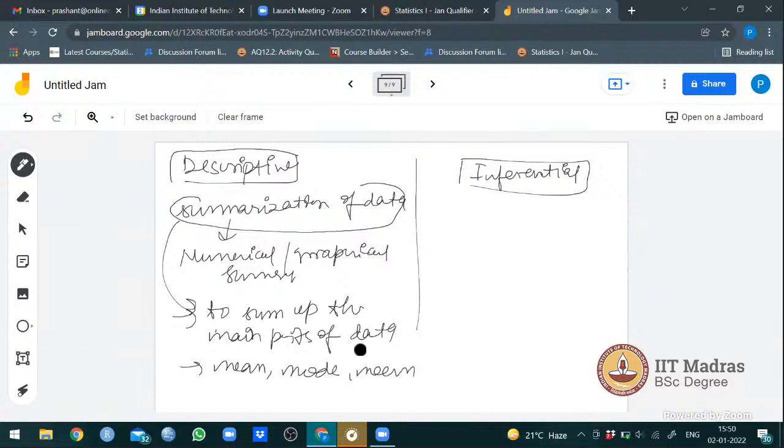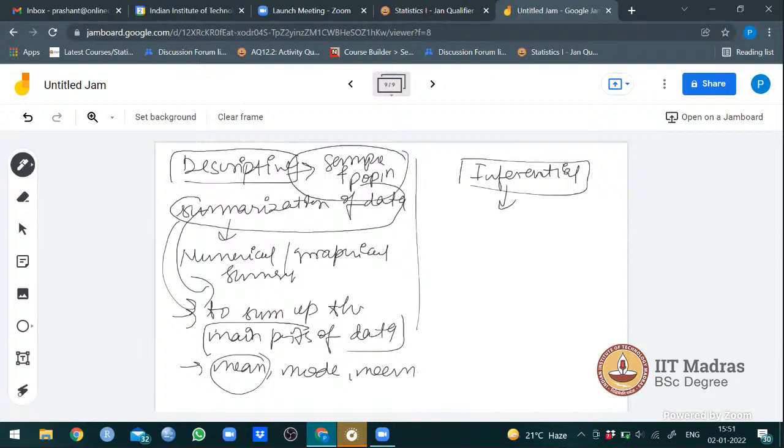Suppose you have data of speeds of bikes, then you can say on average the speed of bikes is 32.5 kilometers per hour. So you are giving some of the main points of the data. That is the meaning of summarization and description. And descriptive statistics you can perform on a sample as well as a population.